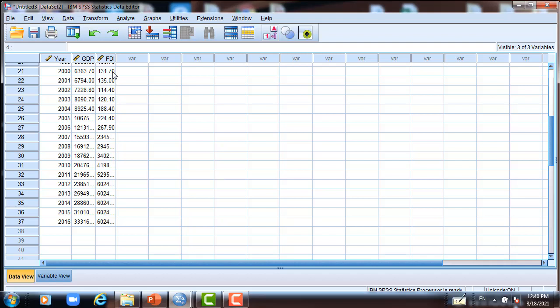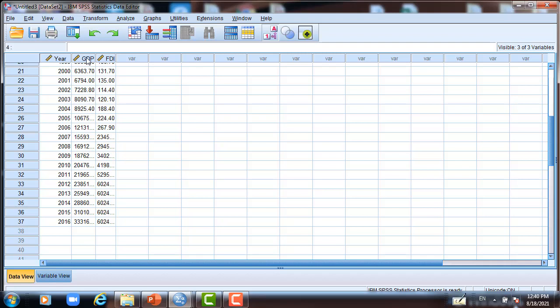The variable we wish to predict is called the dependent variable, which is GDP. Suppose we are interested in determining whether there is a relation between gross domestic product and foreign direct investment.